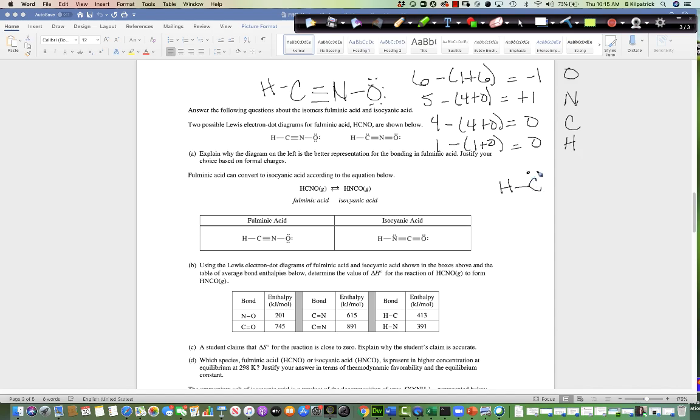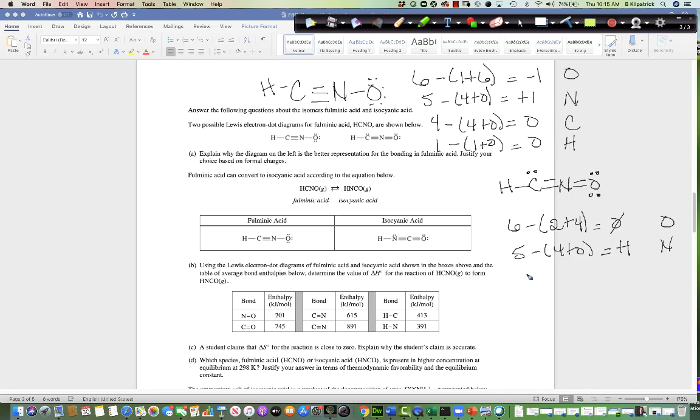So they drew 2 Lewis structures. They're asking which one is more probable. So we can explain that with formal charge. Let's calculate out the formal charges first. Oxygen is 6 minus the 2 bonds plus the 4 lone electrons, so it's 0 here. Let's do nitrogen. There's 5 valence electrons, and there are 4 bonds, 0 lone electrons, so that's going to give me +1.